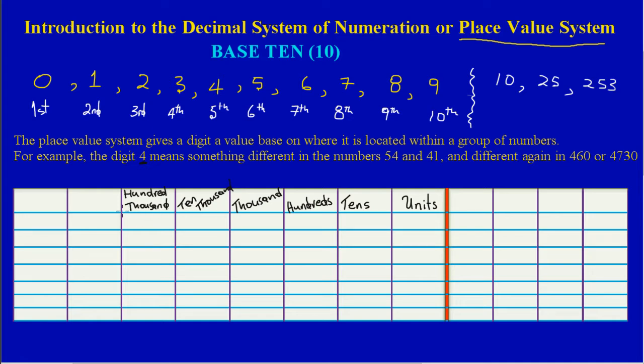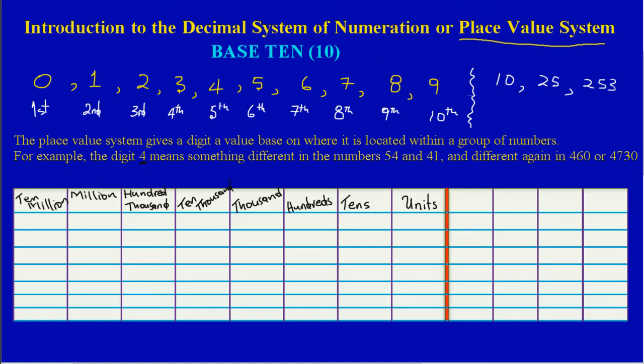Now after my 100,000 column, going to my left, I will have my 1 million column. And after my million column, I will have my 10 million column.